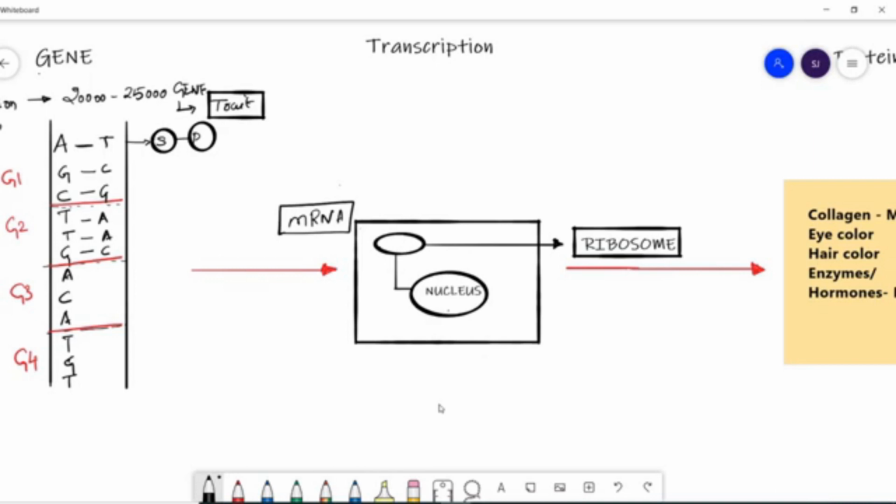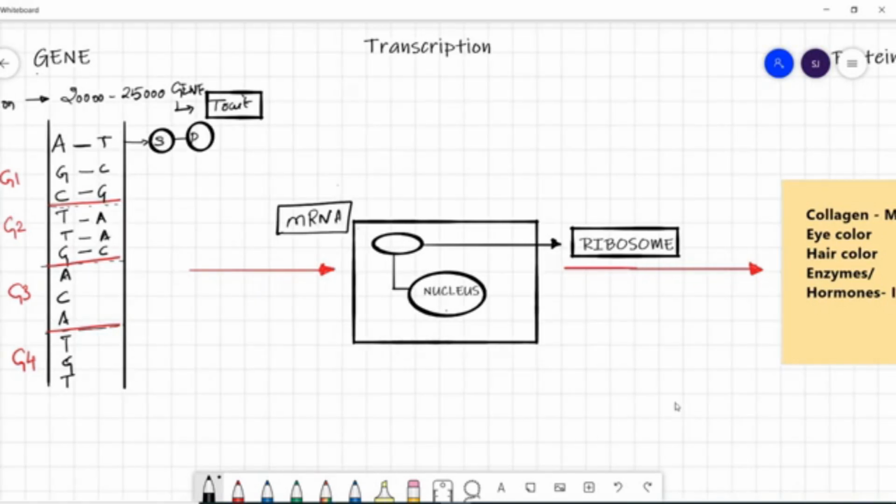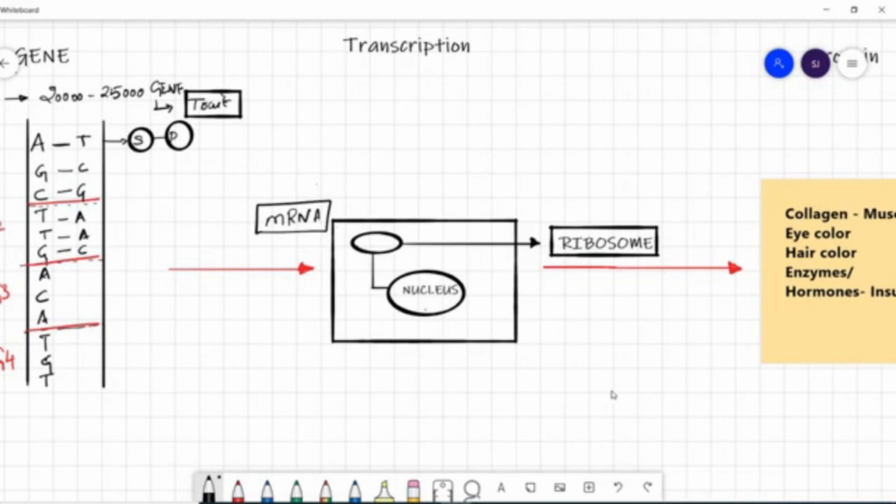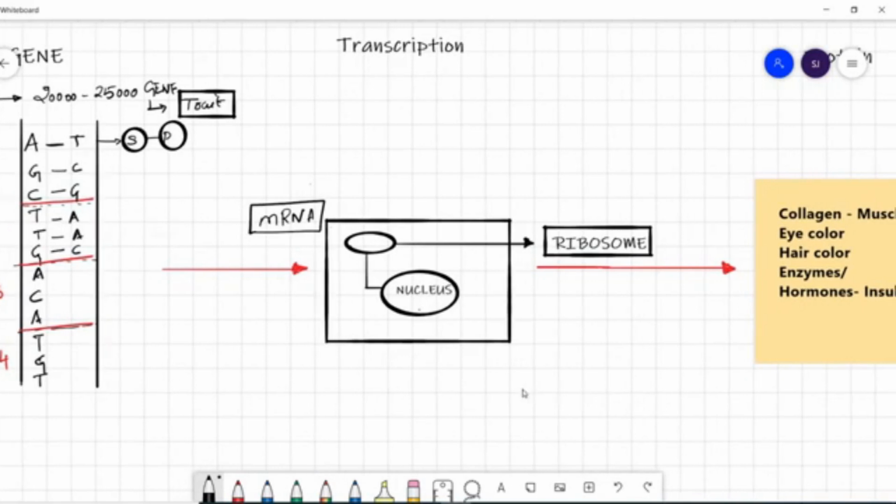The mechanism used by our body is called transcription, and we have a carrier called the messenger RNA, which takes that information to a structure called the ribosome, the place where proteins are built. So the information present in the nucleus gets translated into a particular protein.